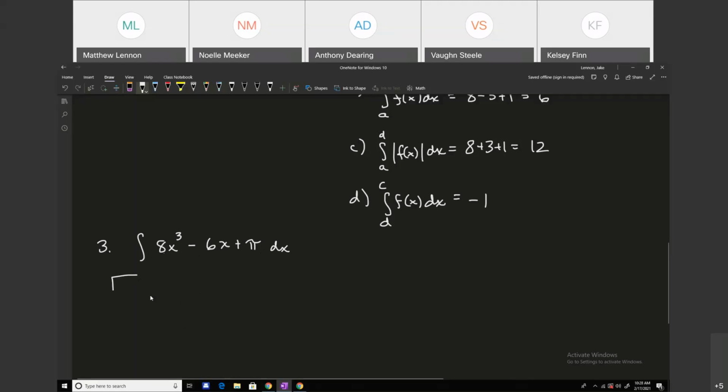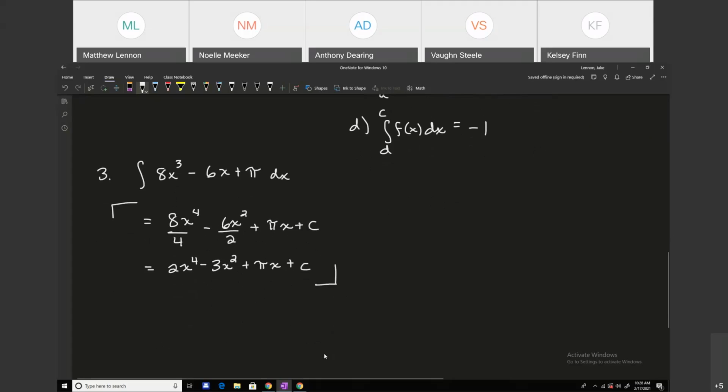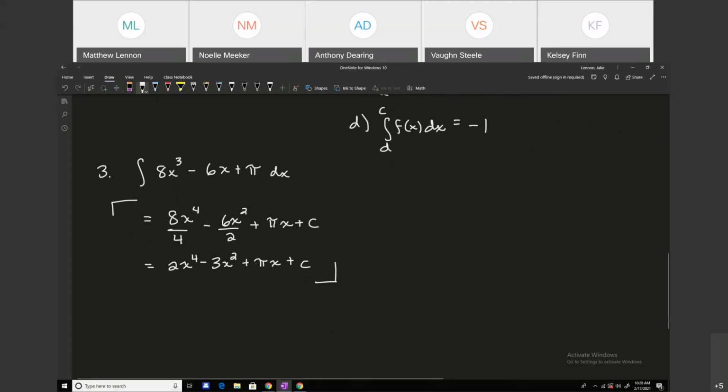So this would be 8x to the 4th divided by 4 minus 6x squared over 2 plus pi x plus a constant of integration, which simplifies a bit to 2x to the 4th minus 3x squared plus pi x plus c. So that's a general one that shows the polynomial rules.